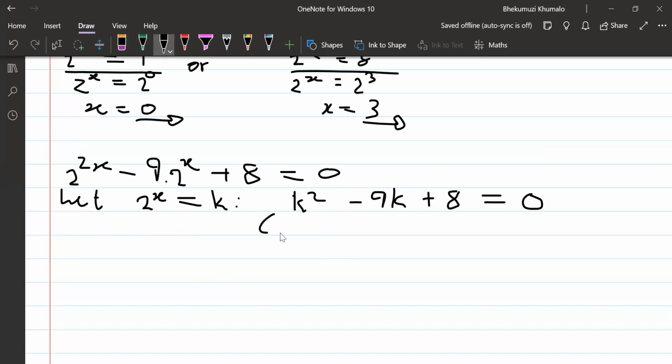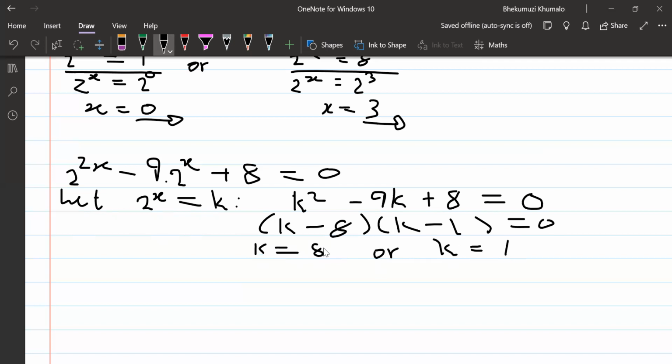Then you factorize, and this would be, I think, k minus 8 and k minus 1, that's equal to 0, and then you'd solve for that and you'd find that k is equal to 8, or k is equal to 1. But then because you made the substitution where you changed 2 to the power x to k, and you want to solve for x, you just bring back the 2 to the power x, so it's 2 to the power x is equal to 8, or 2 to the power x is equal to 1, as you can see.